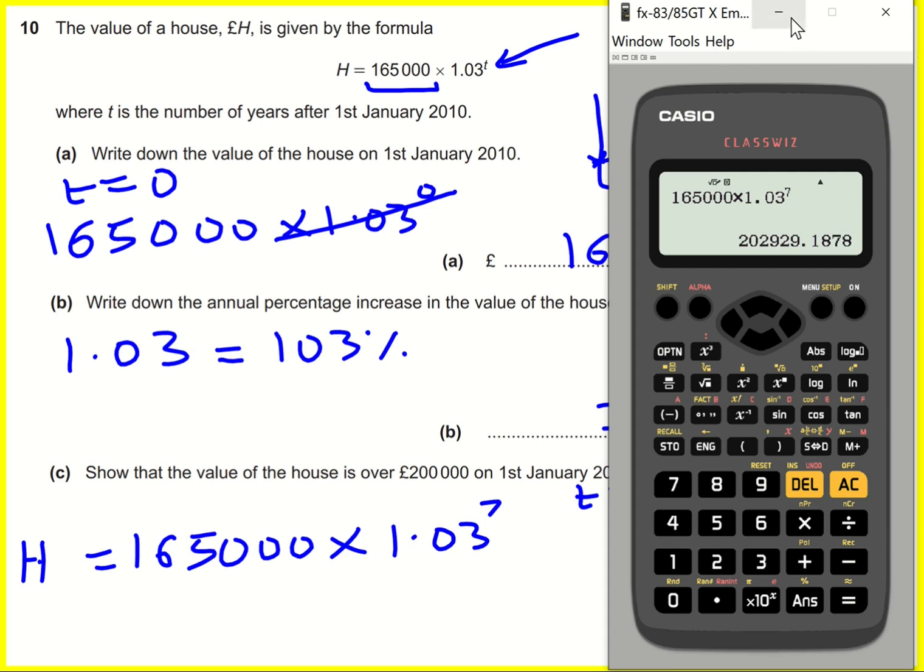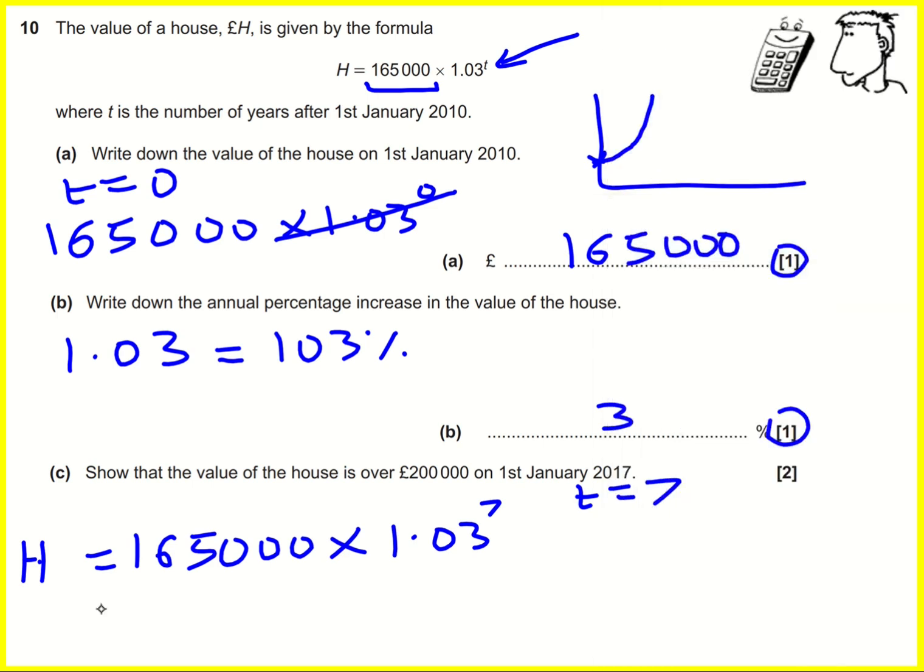And I get 202,929. Which is indeed greater than 200,000.